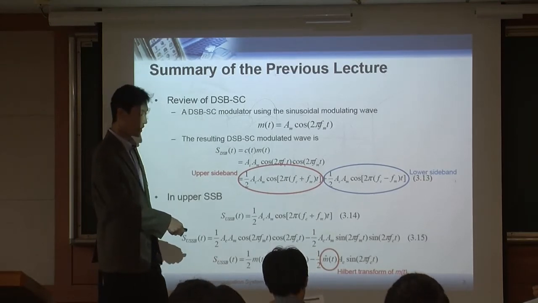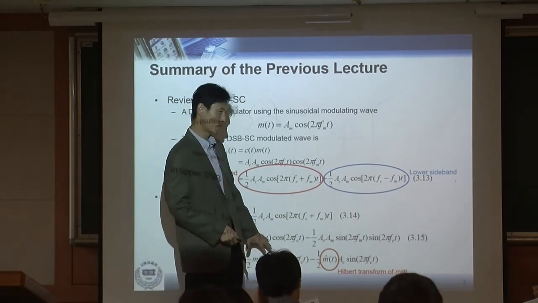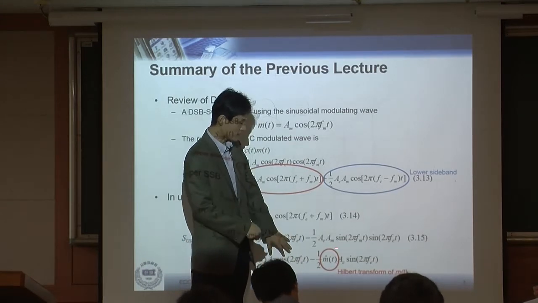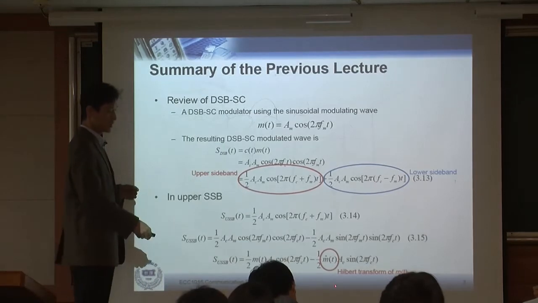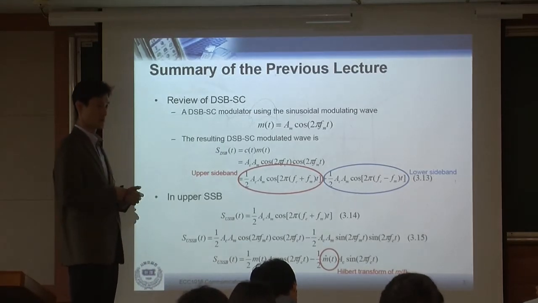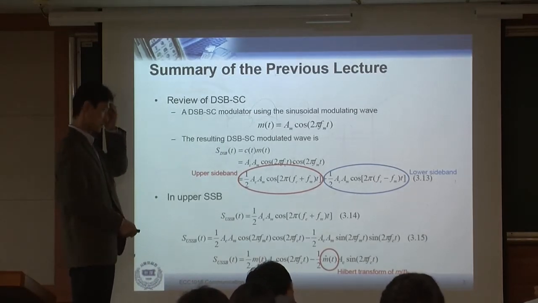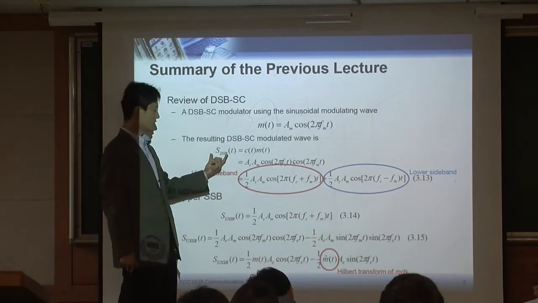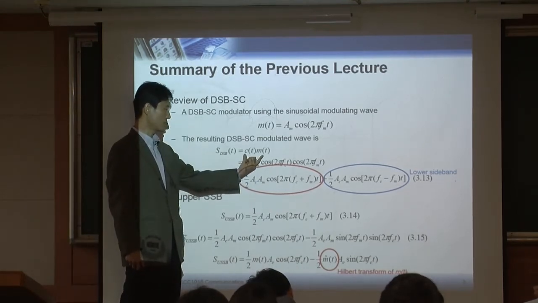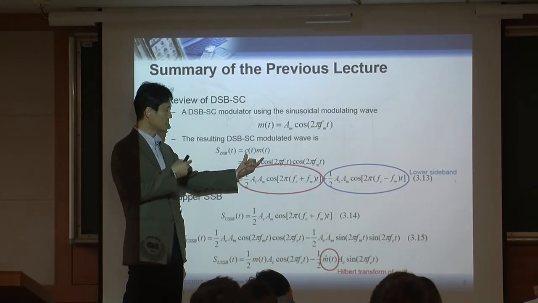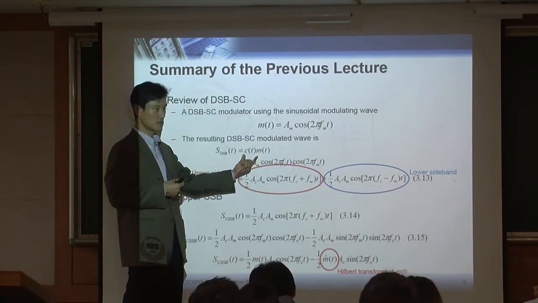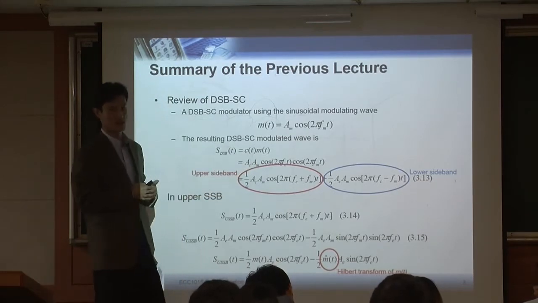But you have one more term in single sideband, and in order to create this second term, you need to do a Hilbert transform. In double sideband, you can simply create your signal by multiplying m(t) c(t). That's what you need in double sideband.